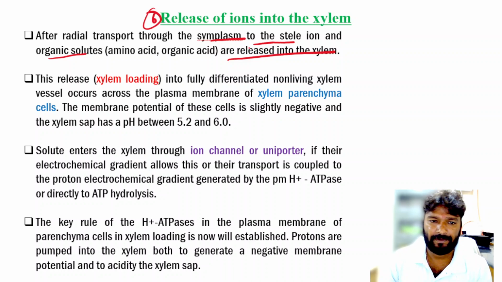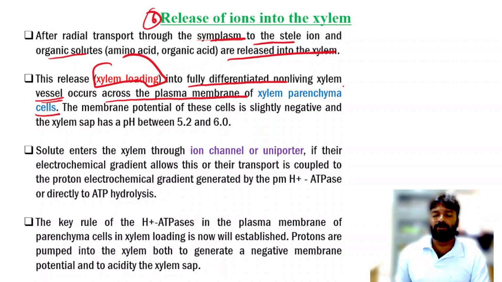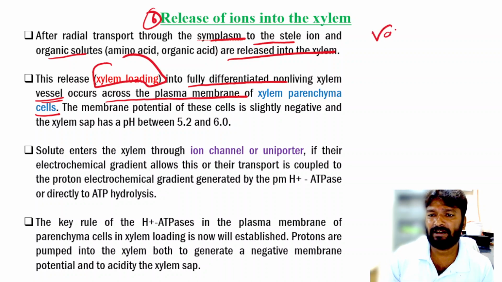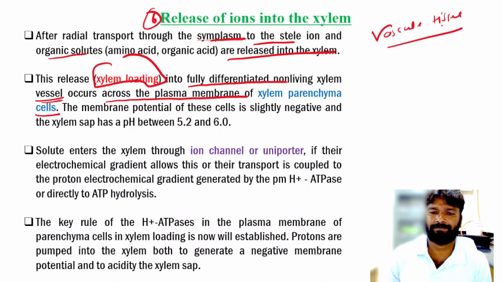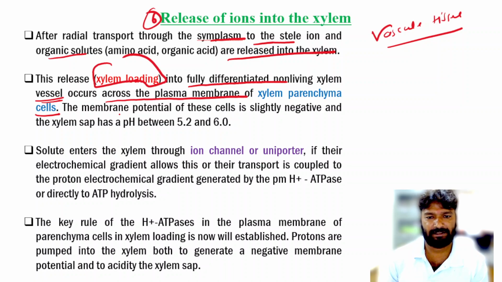This release is also known as xylem loading, into the fully differentiated non-living xylem vessels. It occurs across the plasma membrane of xylem parenchyma cells. These are known as vascular tissue: xylem vessels and the xylem parenchyma cells.